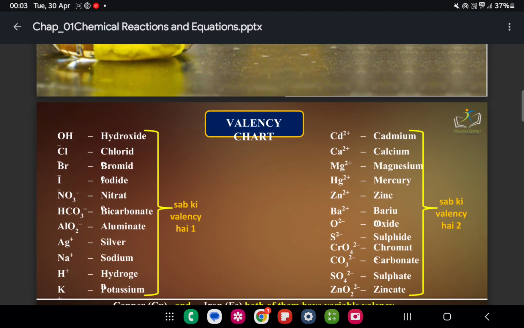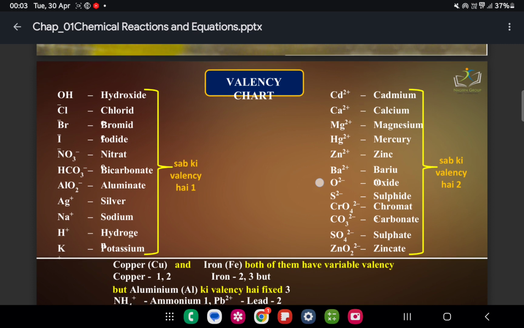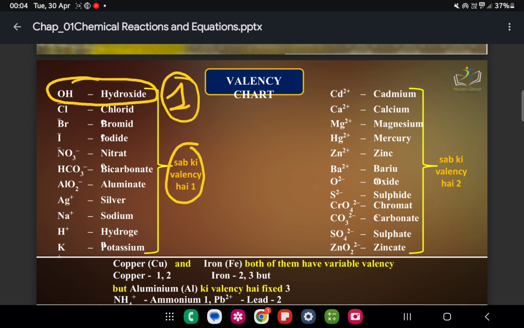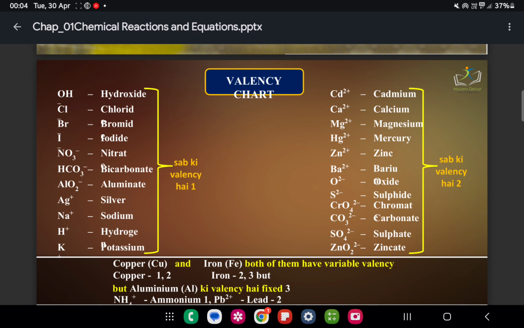Next we are moving to the valency chart. Here we will tell the valencies. I will repeat once, study thoroughly, it is important. Here OH means hydroxide. All of these have valency 1. Then chlorine, Cl minus, is known as chloride, having valency 1.